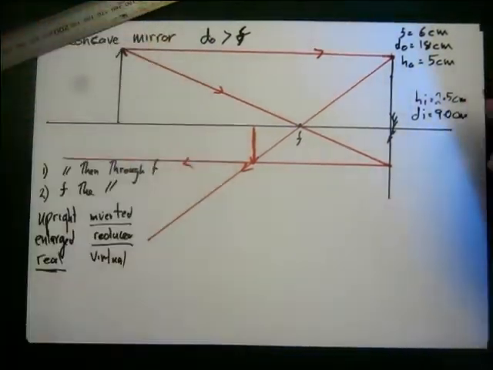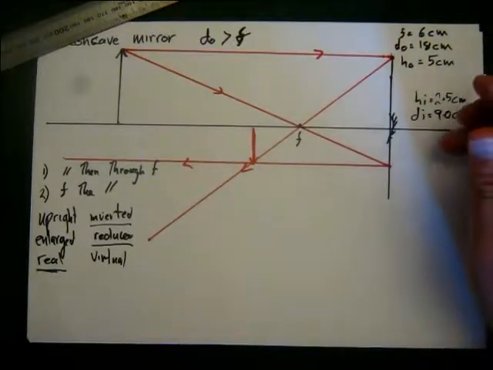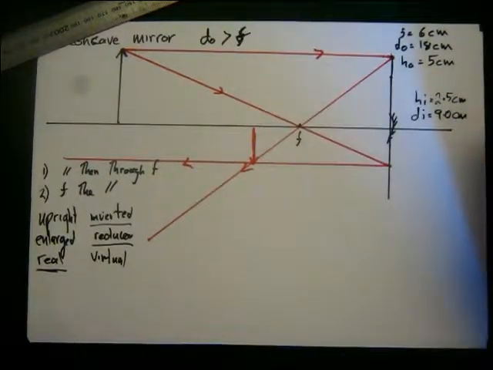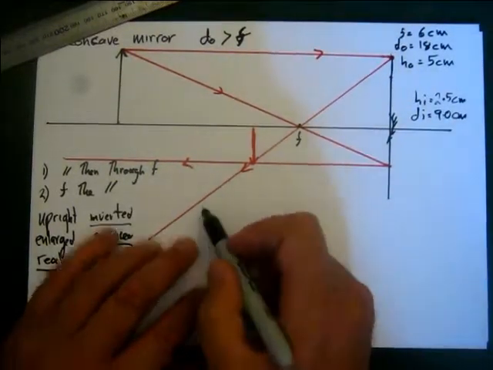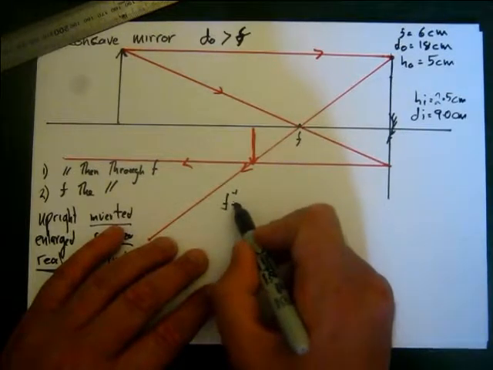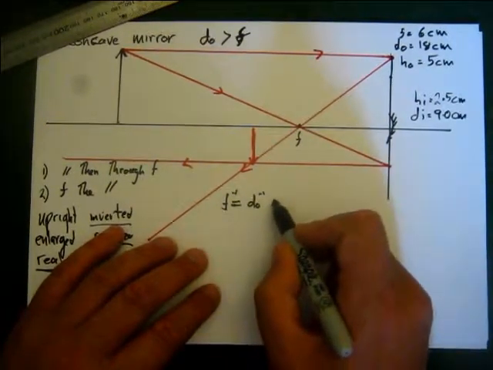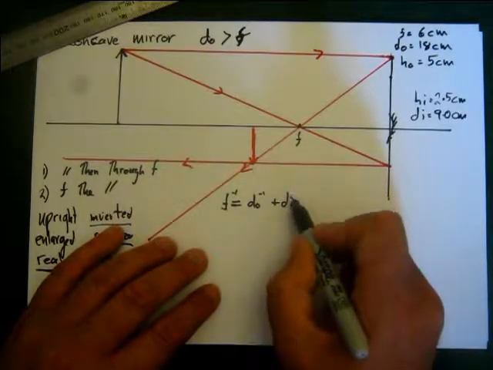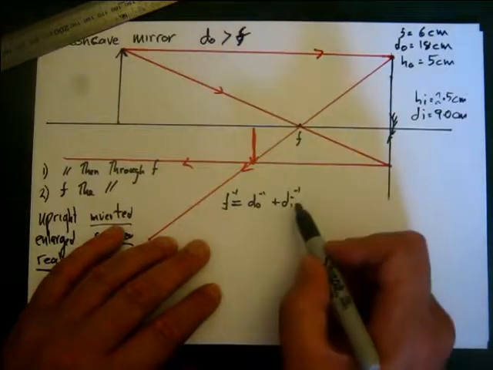Another way we can do this, because humans are not always perfect, is we can also use math on this. So remember that lens equation we had before? F inverse is equal to DO inverse plus DI inverse. If I want to find out DI, I rearrange this.